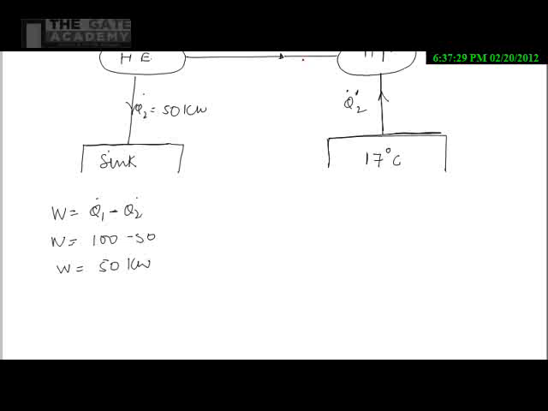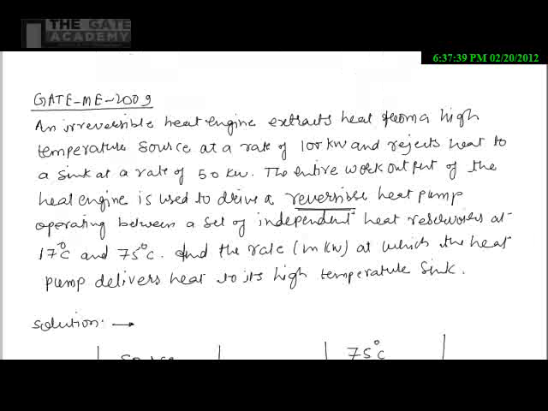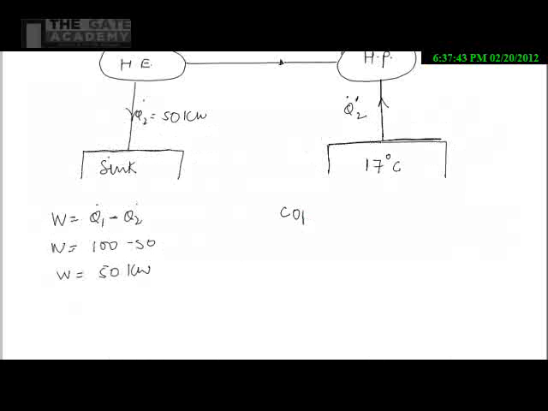Similarly, here we can easily find out Q1 dash dot. It is mentioned in the problem that it is a reversible heat pump. So the heat pump is reversible, then we can use COP equals, for a heat pump, T1 divided by T1 minus T2. That is only for a reversible heat pump.